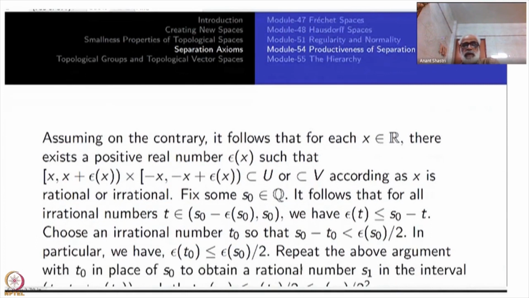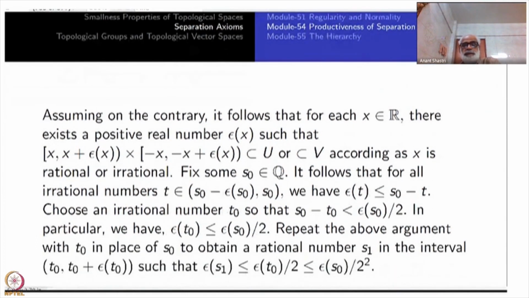Repeat the above argument with T naught in place of S naught to obtain a rational number S1 in the interval T naught comma T naught plus epsilon T naught such that epsilon of S1 is less than epsilon of T naught by 2, which is epsilon of S naught divided by 2 square.